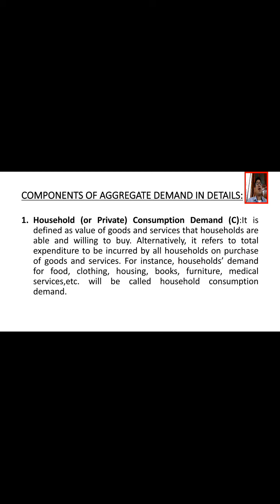For instance, households' demand for food, clothing, housing, books, furniture, medical service, etc. will be called household consumption demand. It may be for the household, it may be for the private firm.